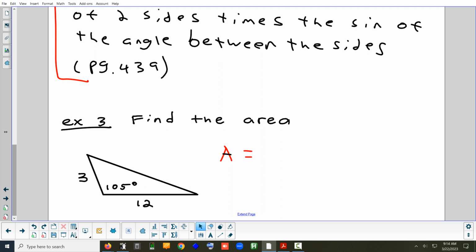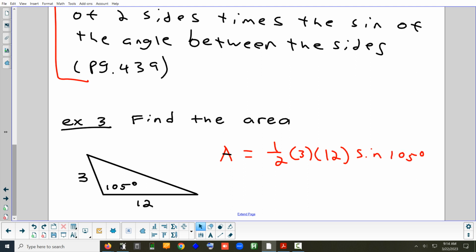Okay. So how would we set up a formula for the area using that information? You would set up 1/2 times 3 times 12 times the sine of 105 degrees.